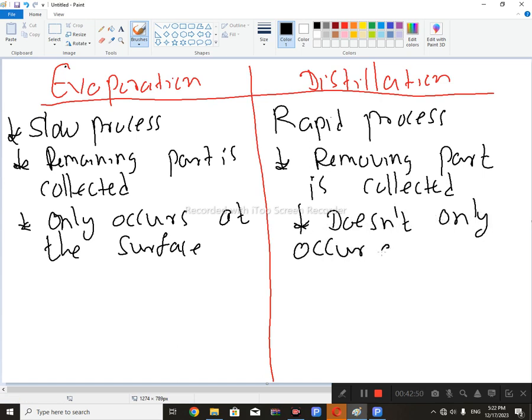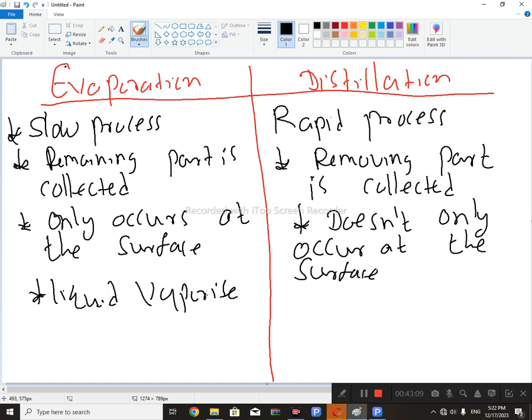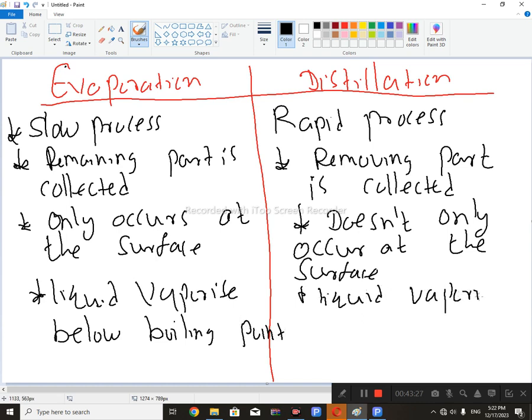In evaporation, liquid vaporizes below boiling point. In distillation, liquid vaporizes at boiling point.